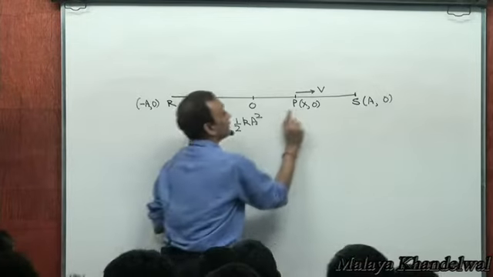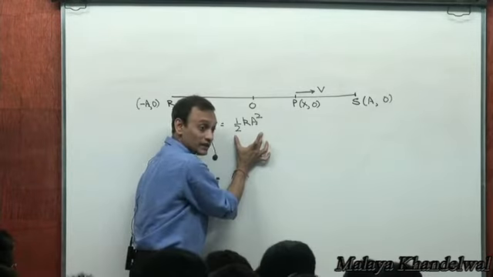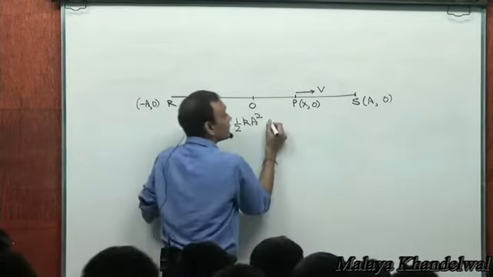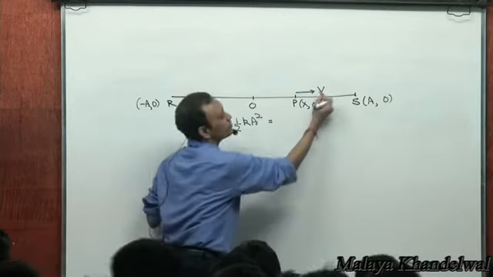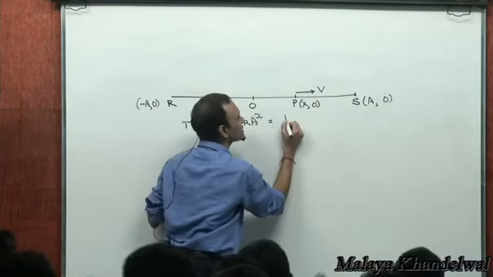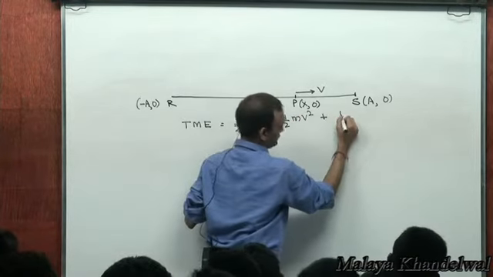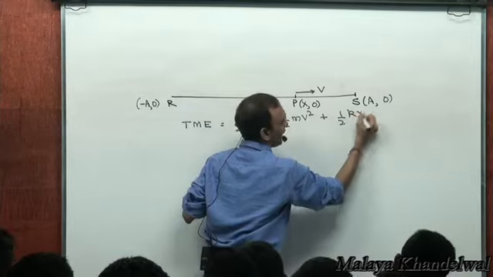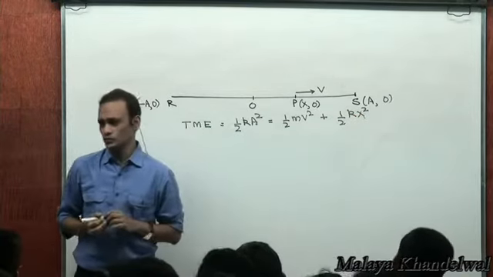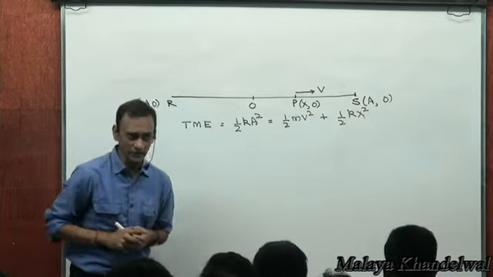At P, therefore, the total mechanical energy would be half kA squared, which is partially manifested as kinetic, half mv squared, plus potential, which is half kx squared. Right?